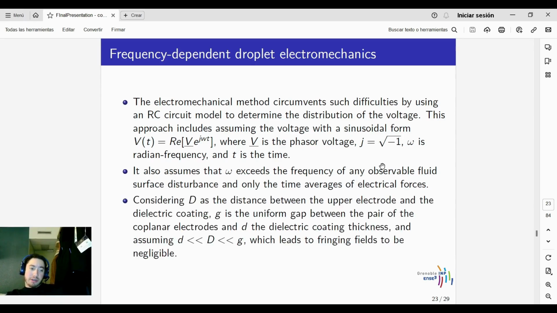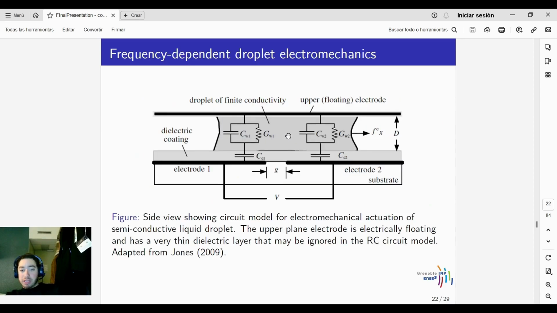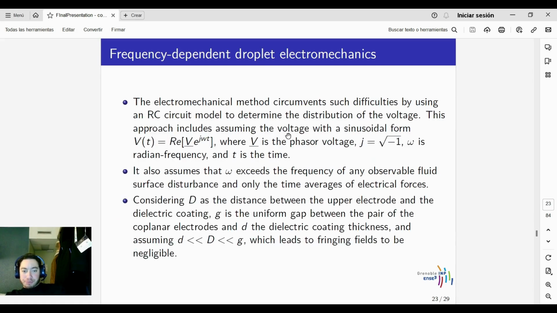In this case, we denote g as the separation between the two electrodes, and capital D will be the distance between the copper and the dielectric coating, so between the two electrodes. Well, in this case, it's going to be 3 electrodes actually. We're going to consider again the scenario where the thickness of the dielectric coating is very small or negligible.